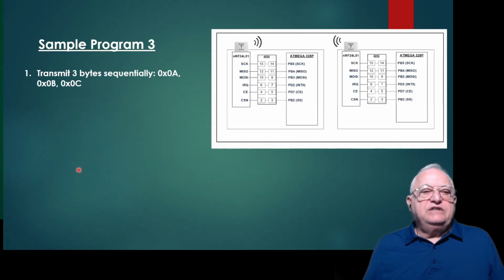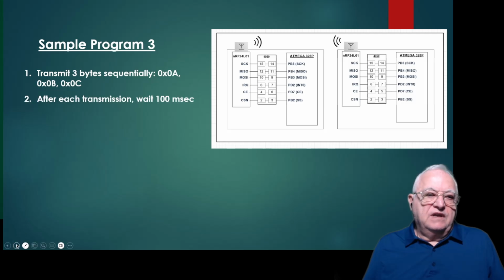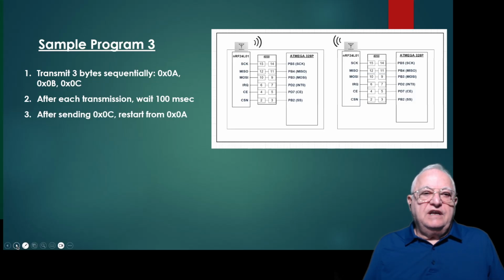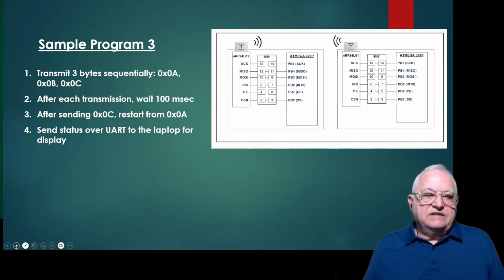Transmit 3 bytes sequentially, hex A, hex B, hex C. After each transmission, wait 100 milliseconds. After sending the last byte, which would be the hex C, restart from hex A again. Send the status over the UART to the laptop for display.